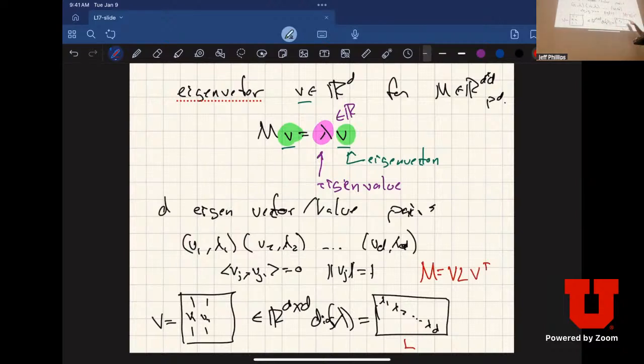This is the eigendecomposition. I've turned the big square matrix into three square matrices, and one of them is a diagonal matrix, so these terms are all zeros.